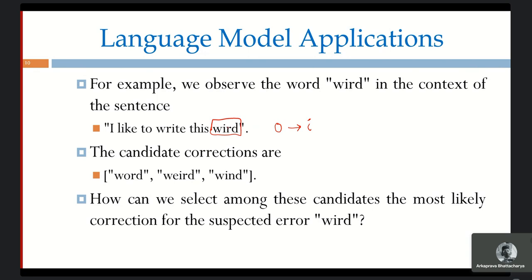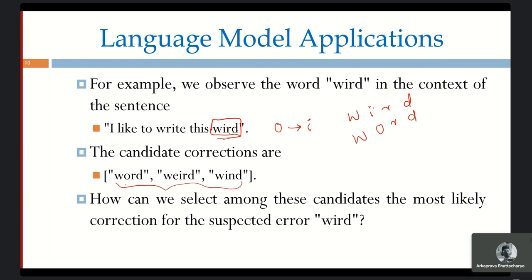Let's suppose I have three corrected words here and this is the misspelled word. Now I can compare the misspelled word with the corrected words. If the distance between the misspelled and the corrected word is less, then that word would be suggested as the correct word to the user. Let's suppose I see WIRD and this one is WORD.